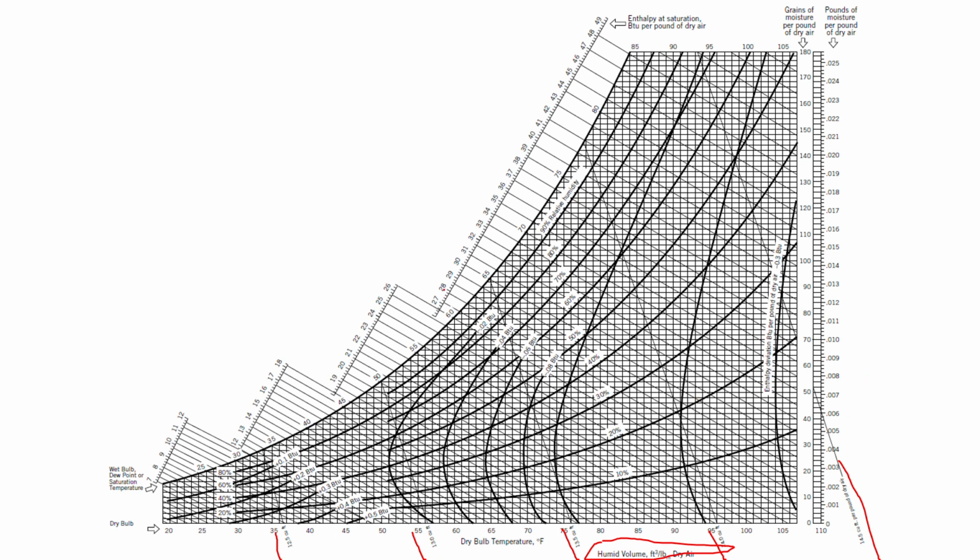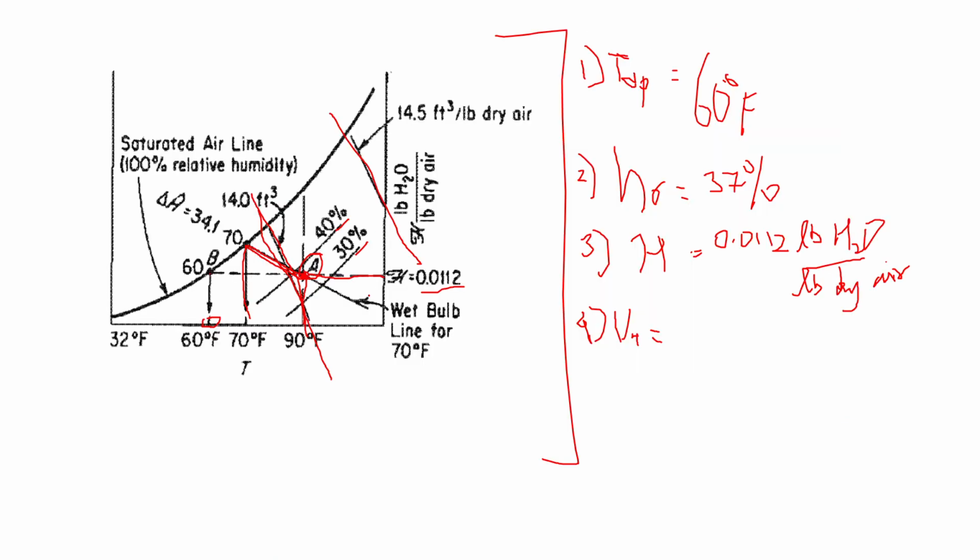The point A lies between 14 feet cube and 14.5 feet cube per pound dry air. So the humid volume will be 14.1 feet cube per pound dry air.